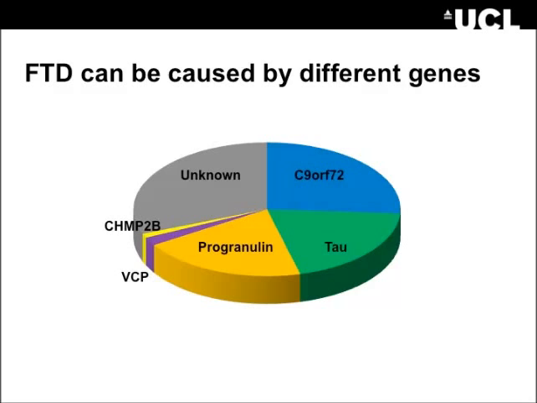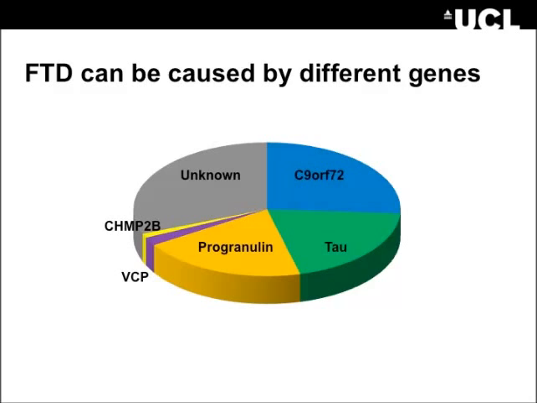I must say there's been really remarkable progress in about the last 10 years or so. 10 years ago, we only knew about this one gene here, tau. And now you can see that almost 3/4 of FTD that runs in families, we know what the gene is. Many of you will have heard about these three main genes that cause FTD, C9orf72, tau, and progranulin. Between them, they make up rather a lot of FTD that runs in families.